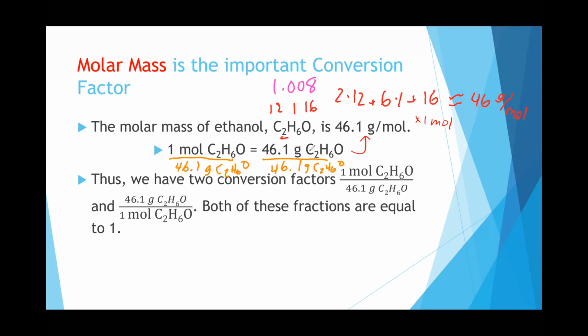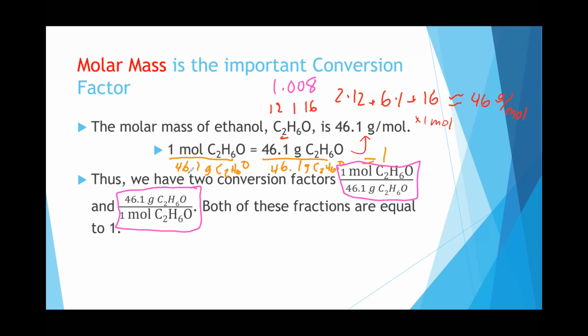We know that the right hand side equals 1 since you're dividing it by yourself. So you know that this important ratio is 1. And that's the molar mass that we're going to use in every single conversion. Similarly, we can divide both sides by 1 mole of ethanol and get that this ratio is also 1.